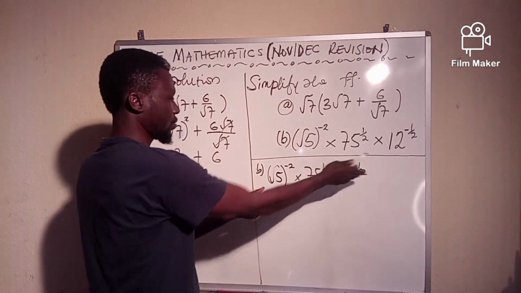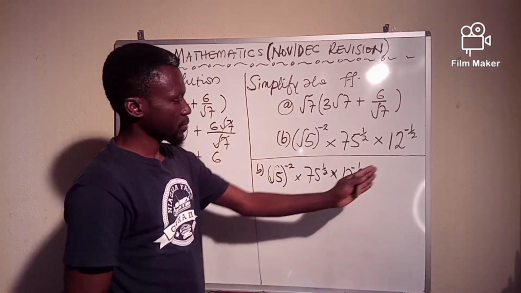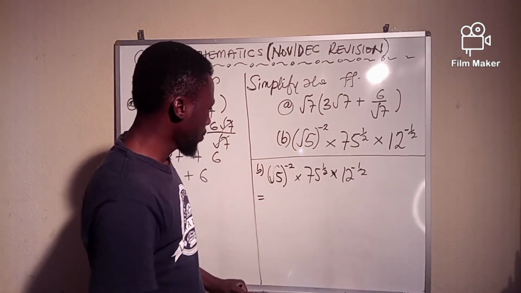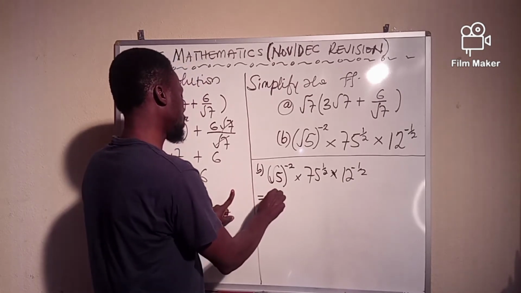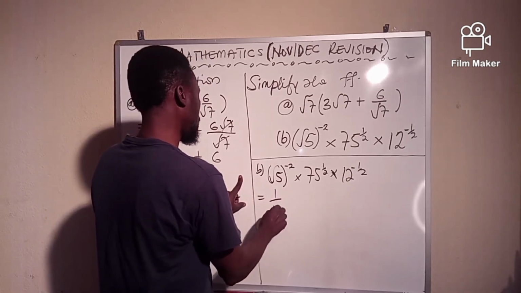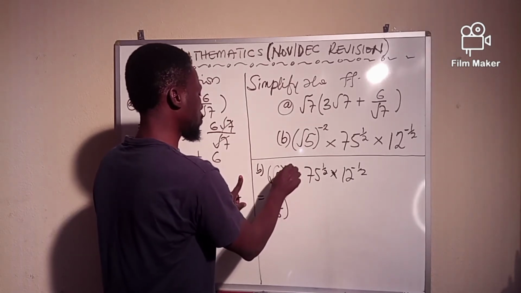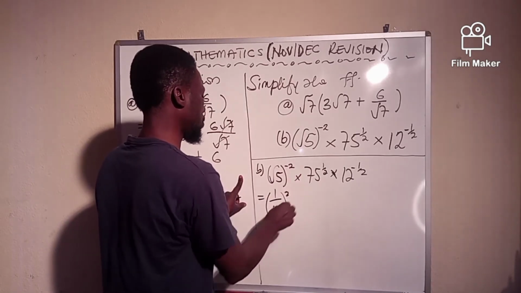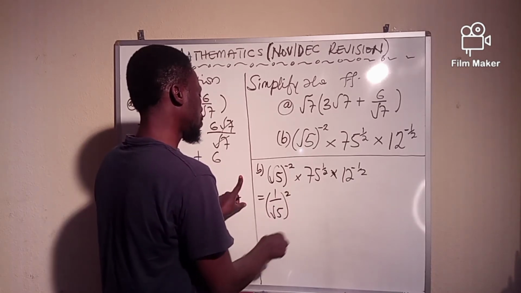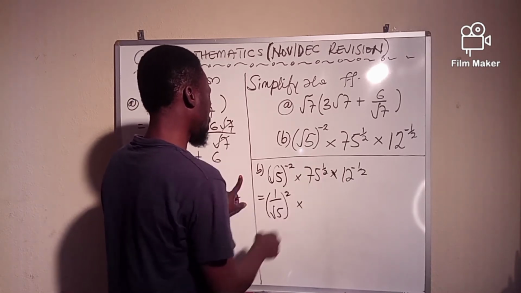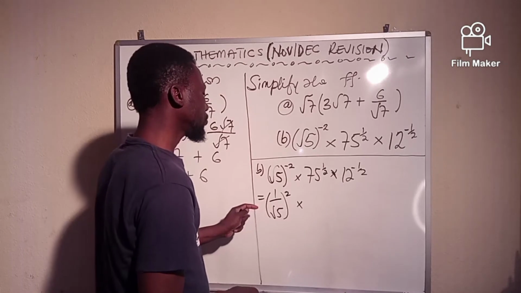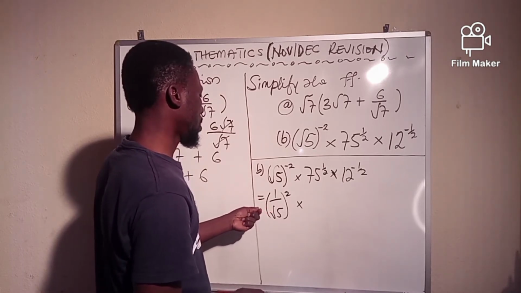Now this whole thing will be equal to, because of space, so I write the equal sign here and continue. So this is going to be 1 out of the root of 5. So that this becomes positive 2.